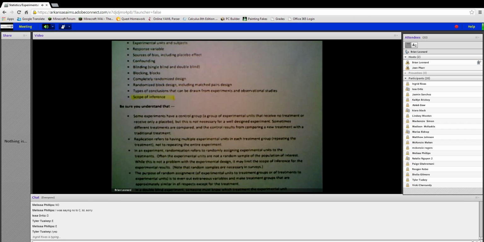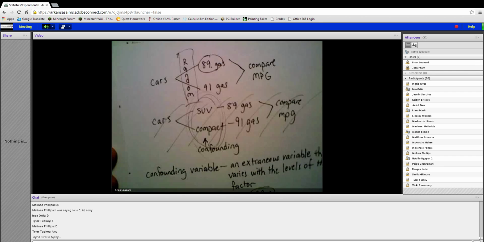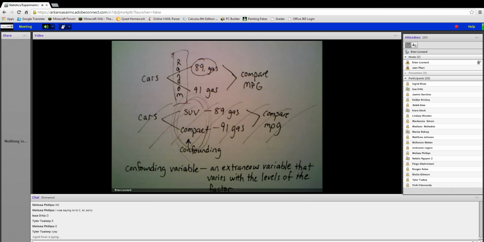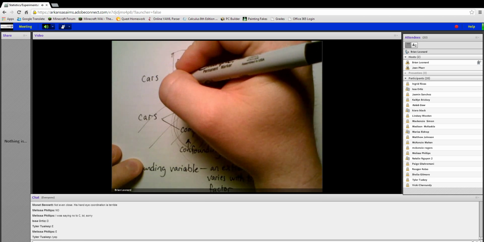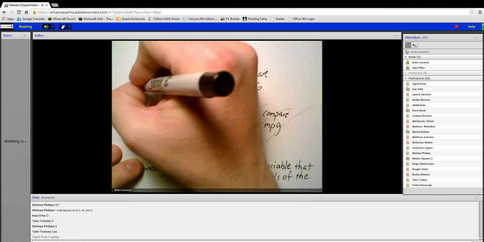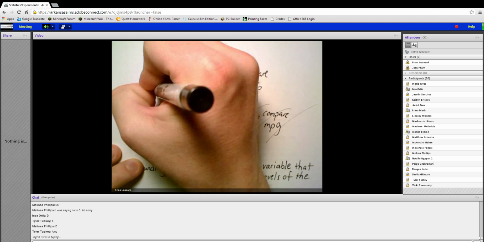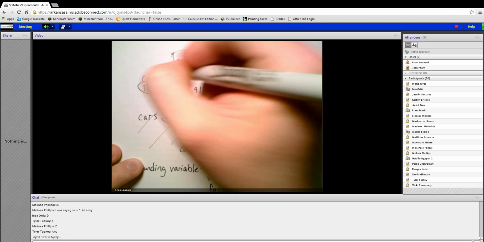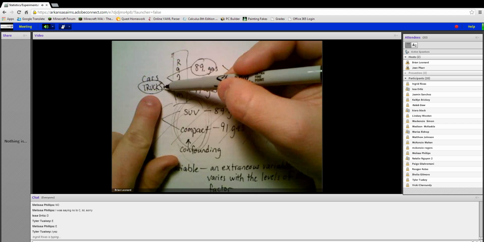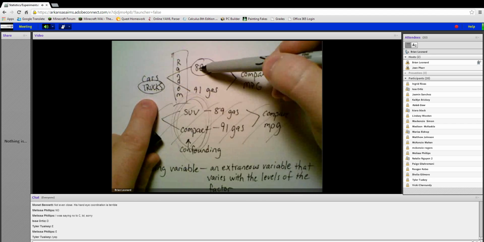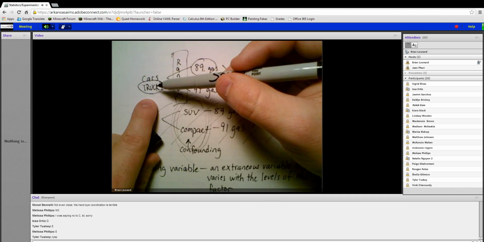Let me just explain what it means real quick. Let's go back to my car example. I hate to keep going back to the same example, but what if the only cars that I used were trucks? All that I used was trucks. Maybe I compared like the F-150. I had some F-150s.